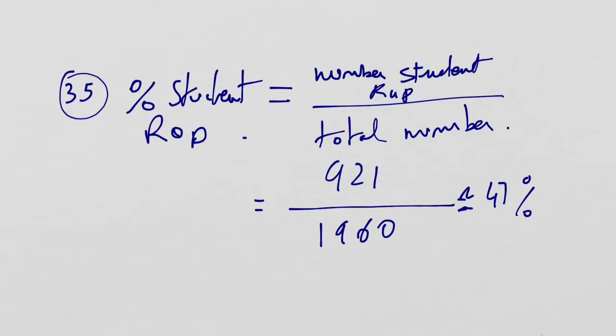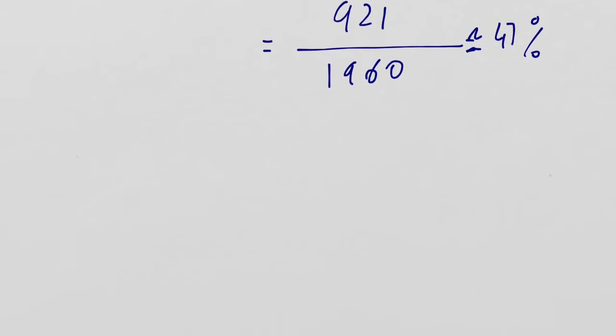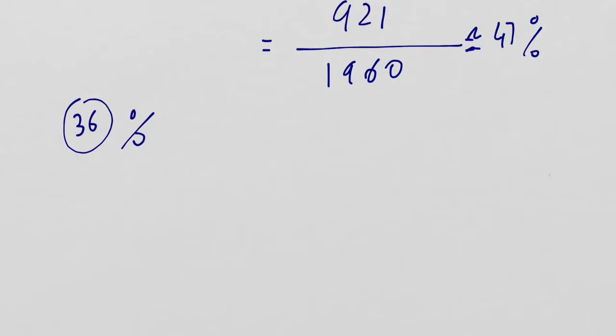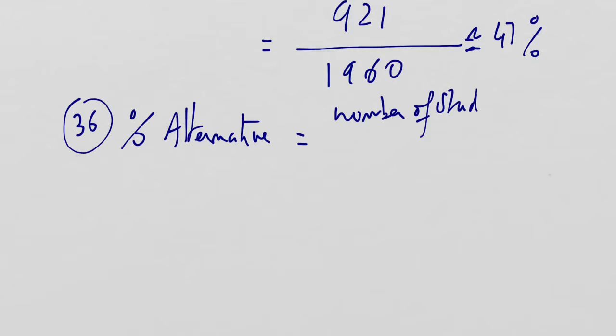If you look at problem number 36, it's going to be the same thing. Now, the percentage of students who prefer alternative music is going to be the number of students who like alternative divided by the total number of students.